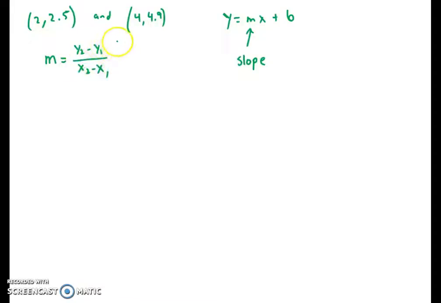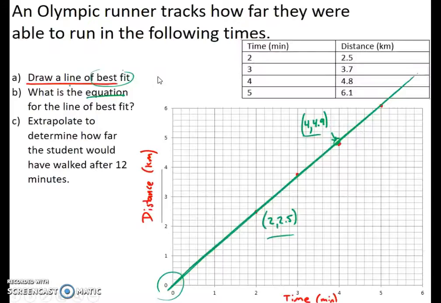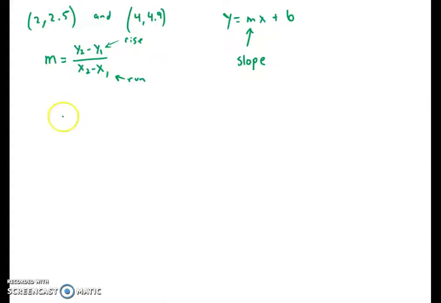Really what this is saying is this is the rise over the run. If you're able just to look at your graph and count the rise from here to here, and then the run from here to here, you can go ahead and do that. But assuming you don't, you can use this formula.